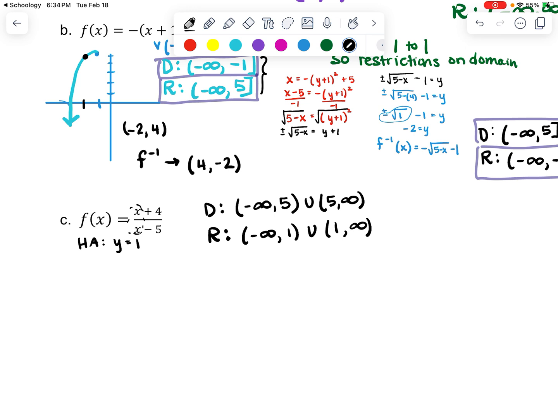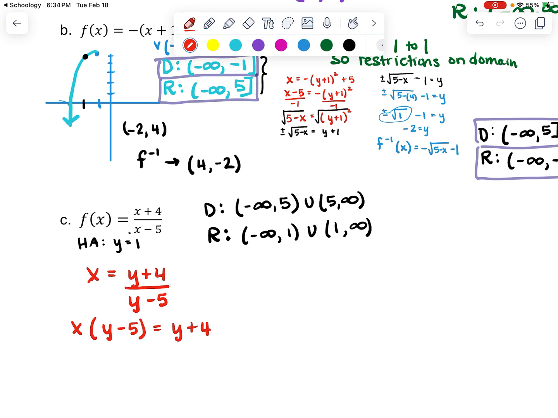So now if I want to go and find my inverse, swap out x's and y's. So I've got y plus 4 over y minus 5. Okay, looks like it's a little crazy, but have no fear. We can cross multiply and solve. So I've got x times y minus 5 equals y plus 4.